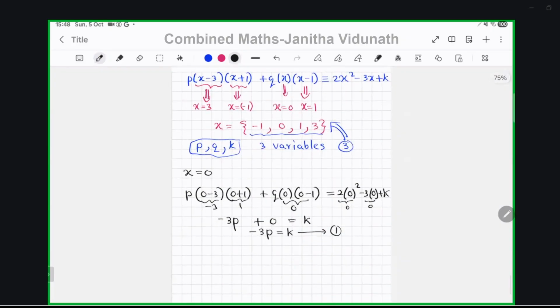Okay. Now we can plug in a value from the remaining 3 values. Simply we can take x equals 1.